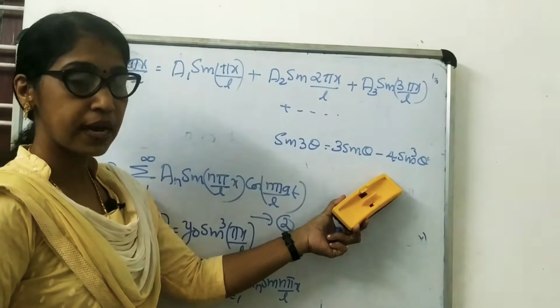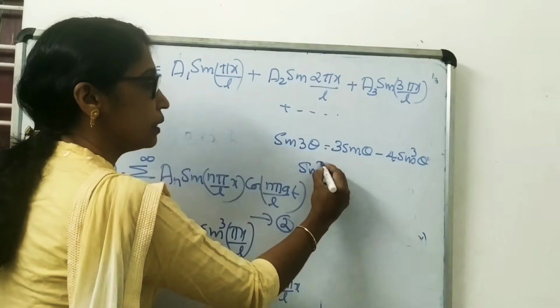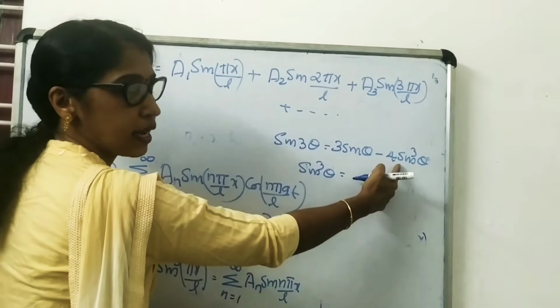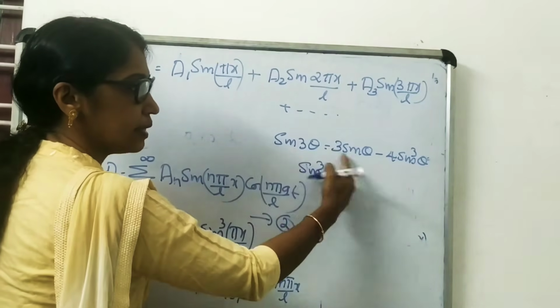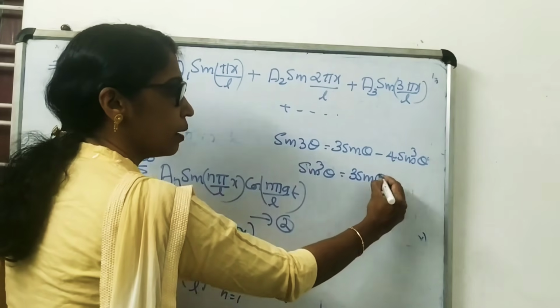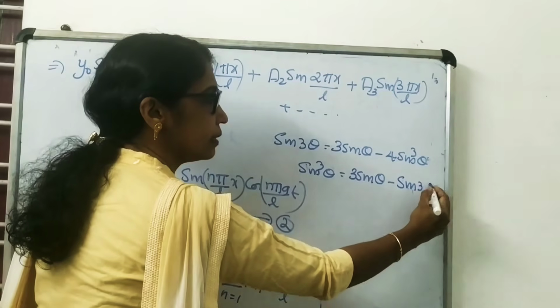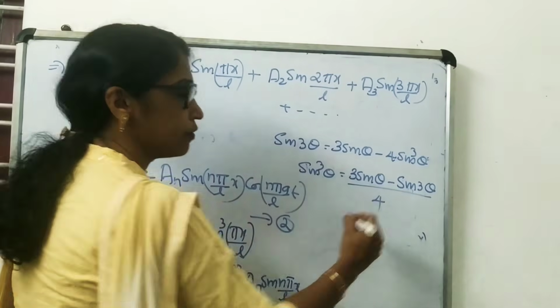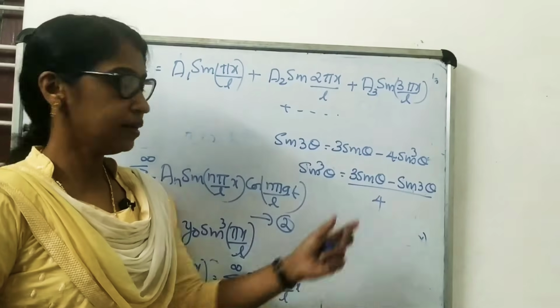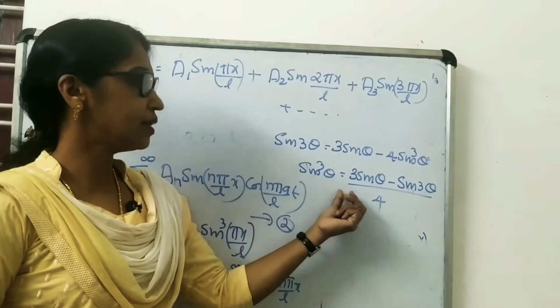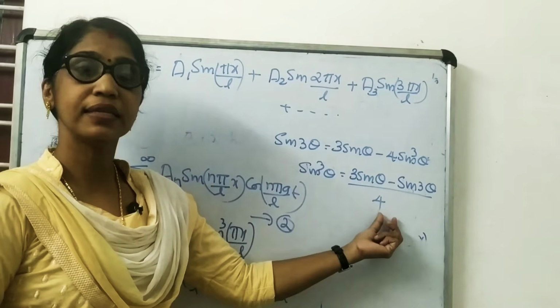From this formula, I am writing sin cube theta. Moving this term to the right hand side, sin cube theta is equal to 3 sin theta minus sin 3 theta, divided by 4.